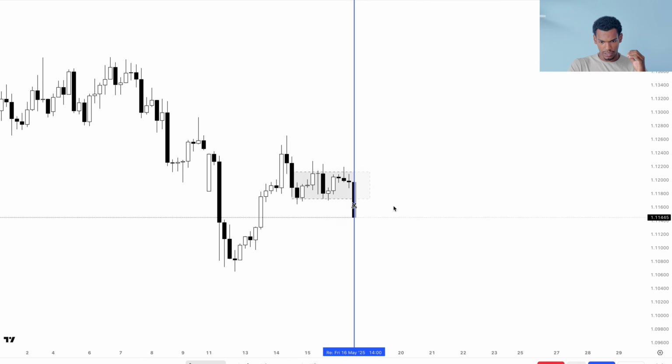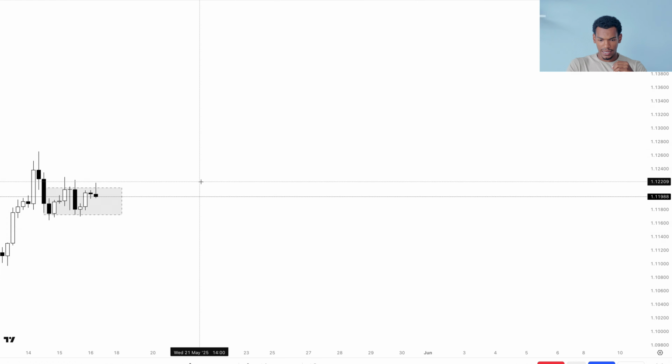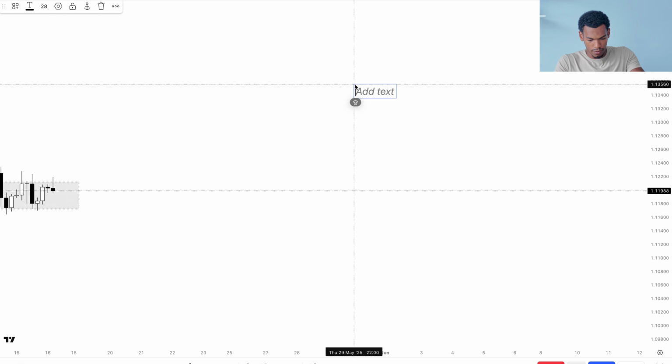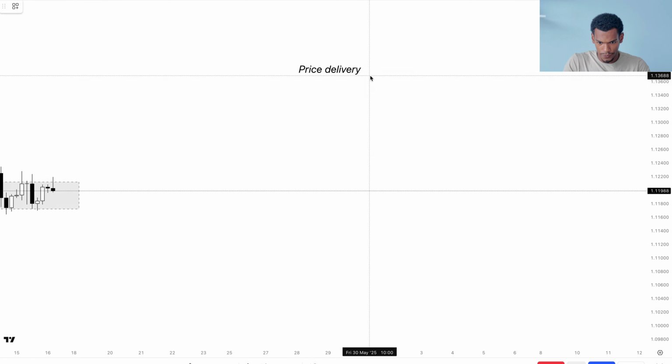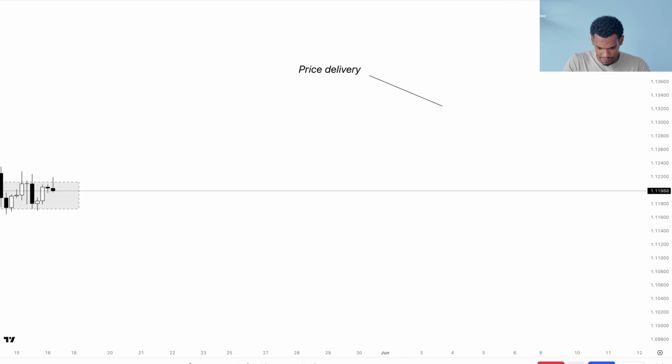Let me just bring this back a bit to here. When it comes to price delivery, the two main states that we are focusing on, right? Number one is inefficient delivery.